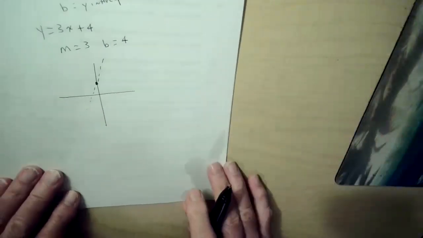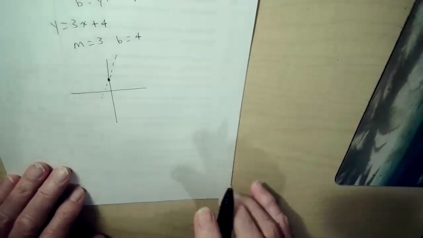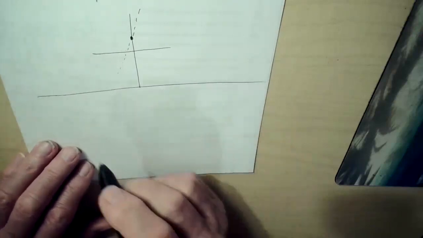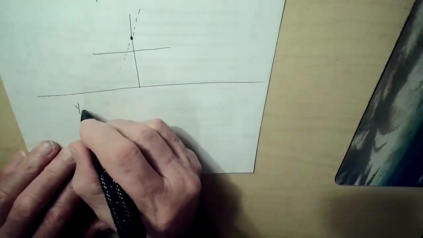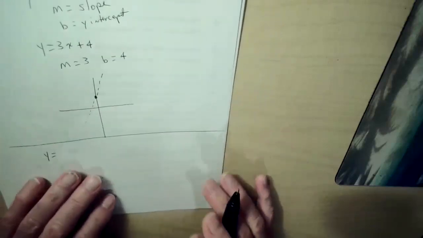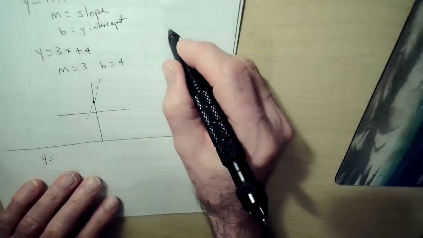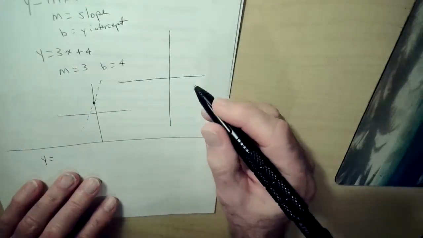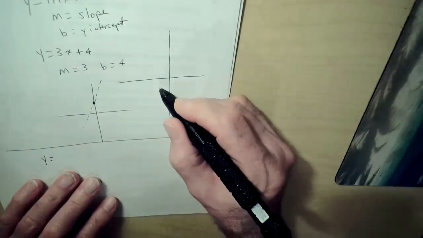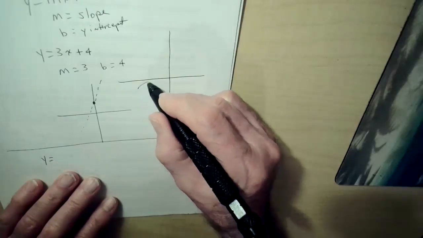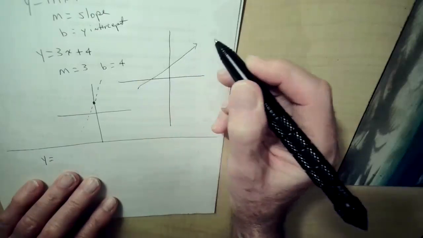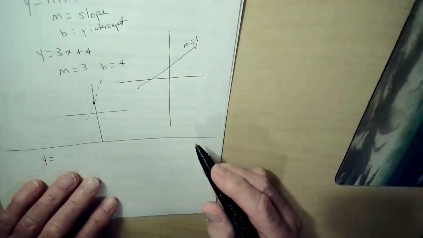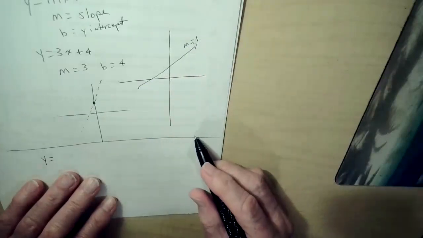I know this is going to be kind of confusing at first, but stick with me here. It's going to make some sense, I hope. So what if we have this? Before I forget, slope looks like this. Slope, that's M. This is a slope of, looks like a slope of 1, more or less.